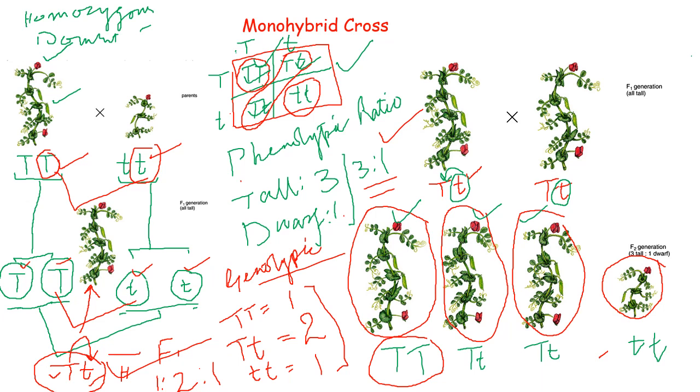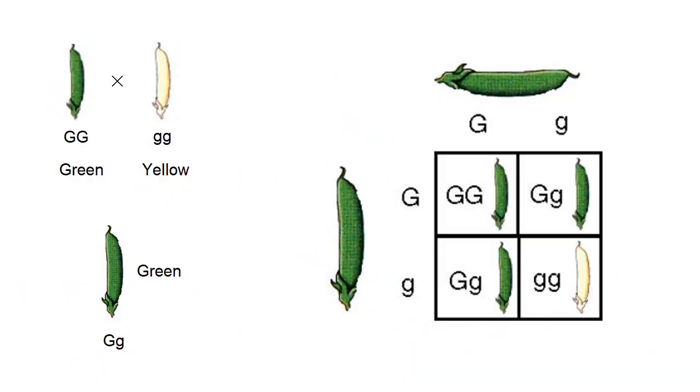Now we'll take another example to understand the monohybrid cross. This is a cross between two pea plants. One pea plant has green color pods, and the other has yellow color pods. The first plant has green pods and the genotype is capital G, and the second plant has yellow pods with the genotype small g, and the phenotype is yellow.